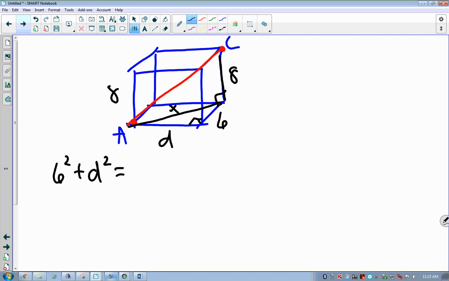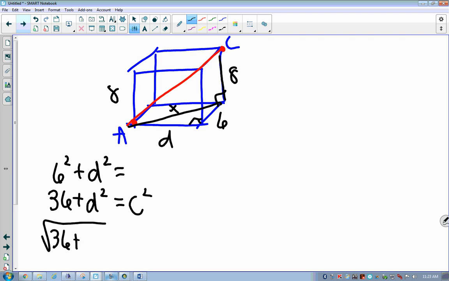So that's 36 plus d squared, equals my c squared. And AB is the square root of 36 plus d squared. Okay, so that's that line right there.